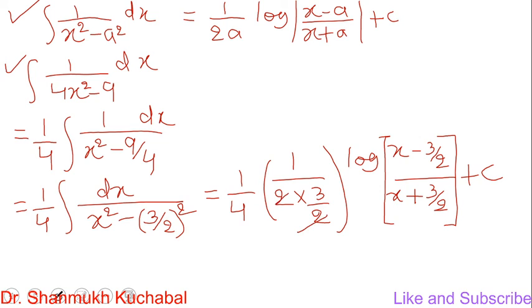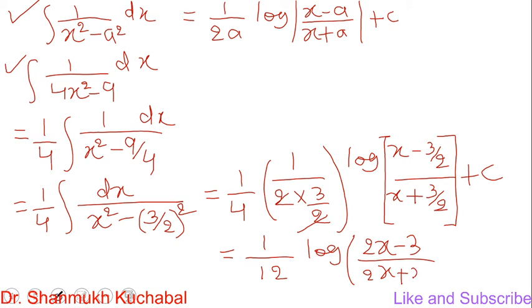So 2 gets cancelled, 1 divided by 4 threes are 12, log of, taking LCM and simplifying we get this as 2x minus 3 divided by 2x plus 3, and the constant of integration c here.